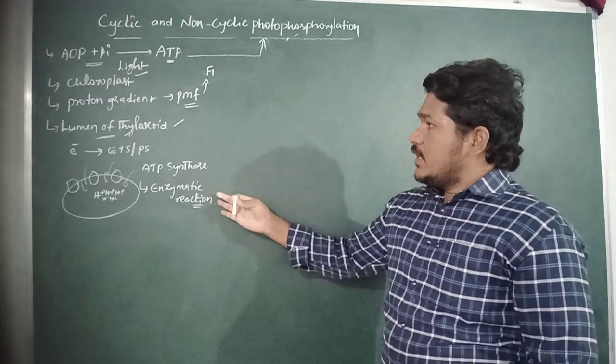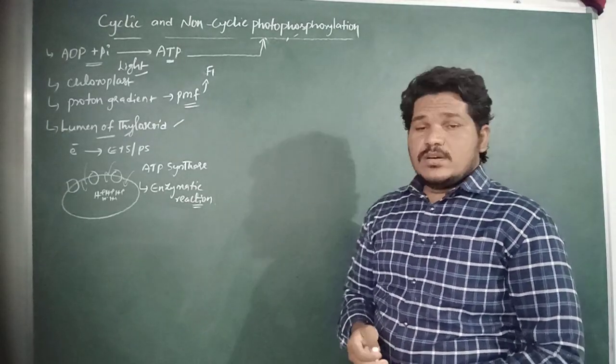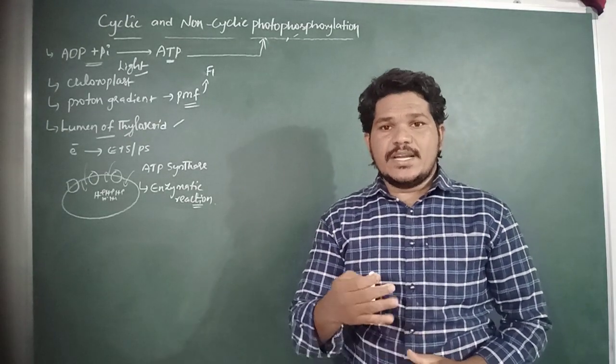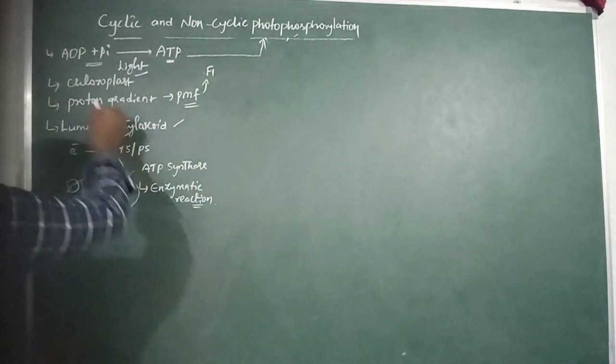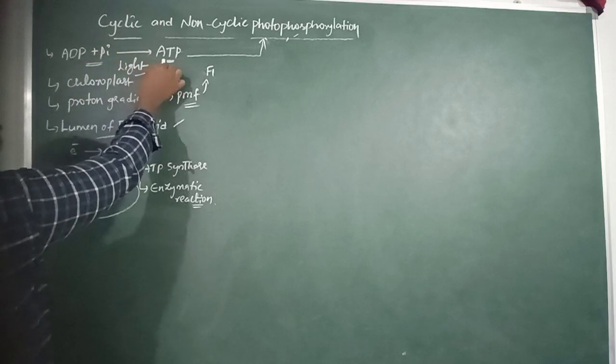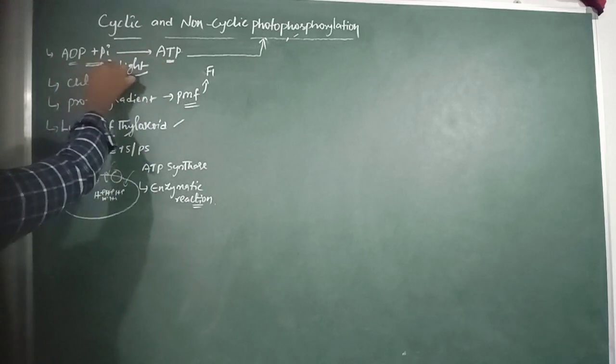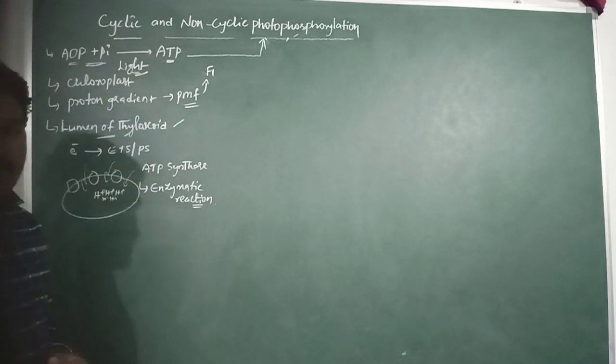Coming to the types of phosphorylation reactions: photophosphorylation is the ATP molecule synthesized from ADP and inorganic phosphate in the presence of light.